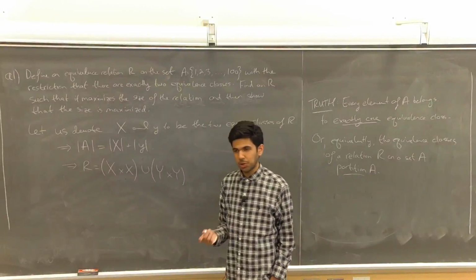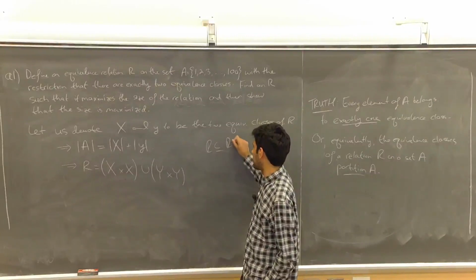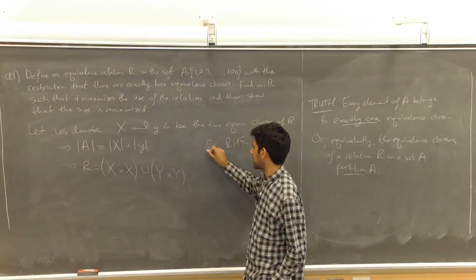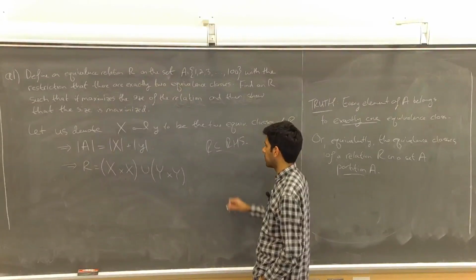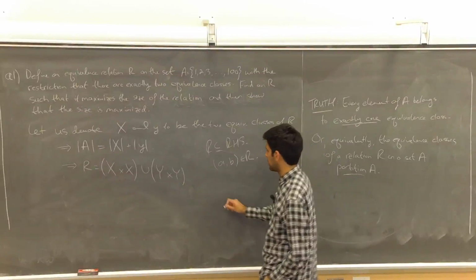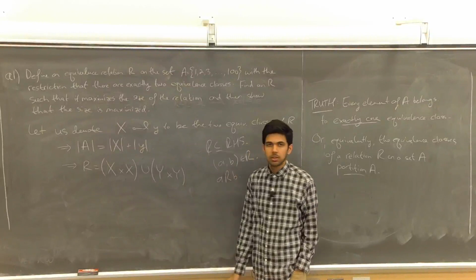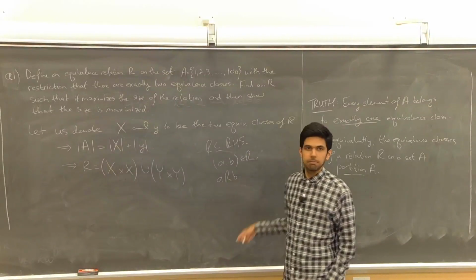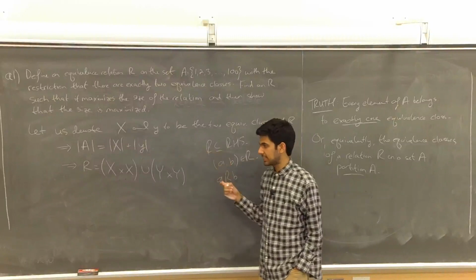Well, let's show one direction. Namely, we can show that R is a subset of the right-hand side. And for this, just consider an arbitrary element of R, just some ordered pair. Well, this just means that A is related to B. That must mean that A and B are in the same equivalence class, because that is literally what an equivalence class is.